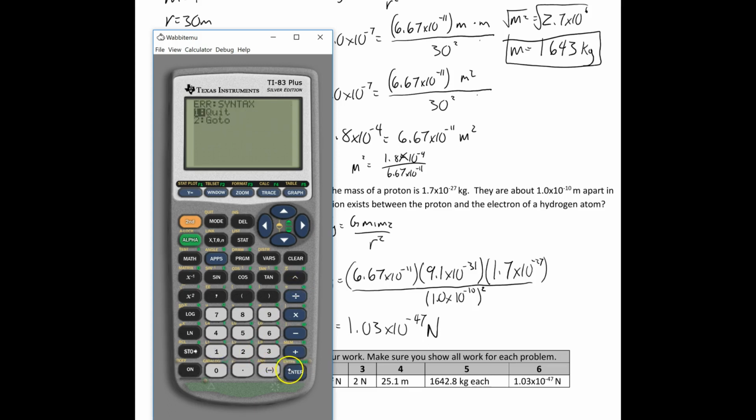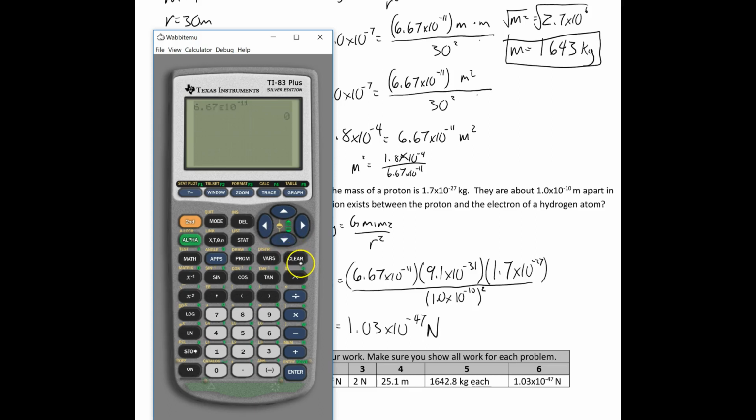Now that doesn't make sense. No, that's not what we want. And then sometimes people do, what's the other one I see? 6.67 E 10, and then they'll just do it anyway, 10 to the -11, like that. And then you get 0. I don't know. There's a lot of wonky stuff.